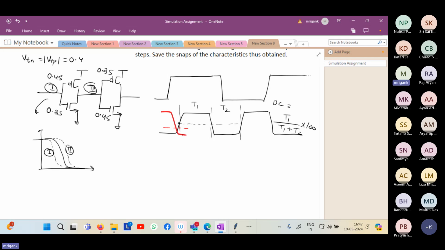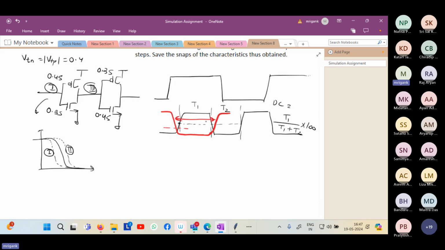The output waveform will fall down earlier than expected. Then at the rising edge, what will happen? Now PMOS is weaker, so it will take a lower voltage to pull it up. Once again, same thing, trip point is low, so it will also rise at a later stage. So it will come like this. You can see that this has broadened, right?